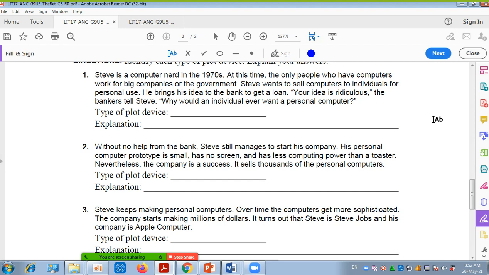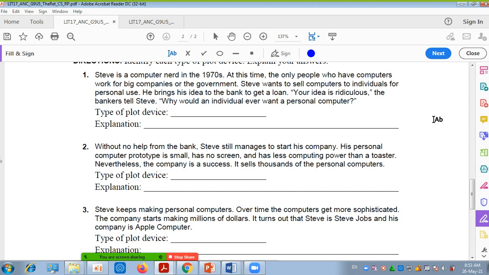But if you went back to the 70s, you would think the same way. Why should a person have a computer at home? We use a computer to finish our jobs only. What's the personal use? So the idea would seem weird or awkward.